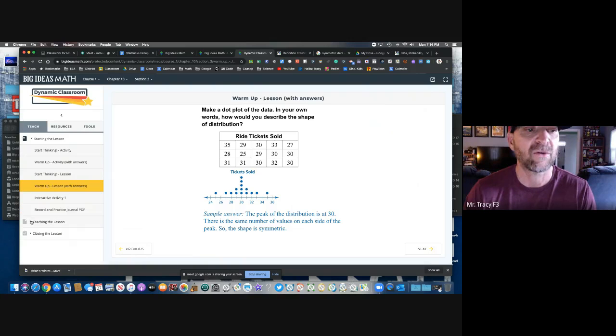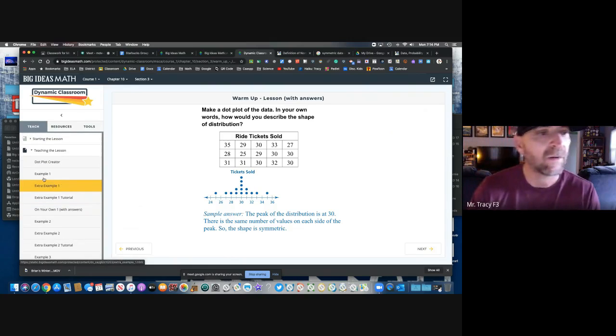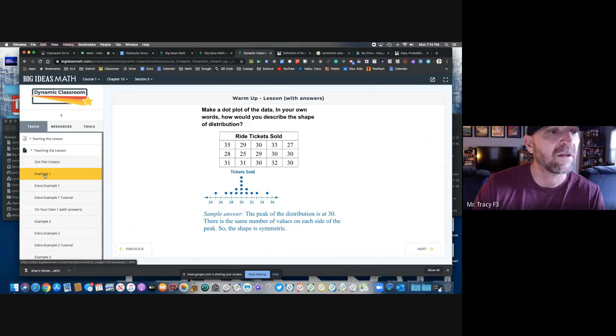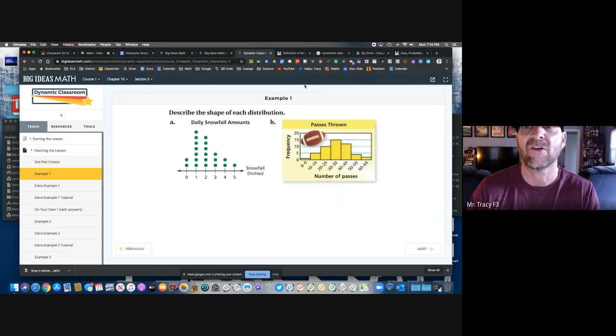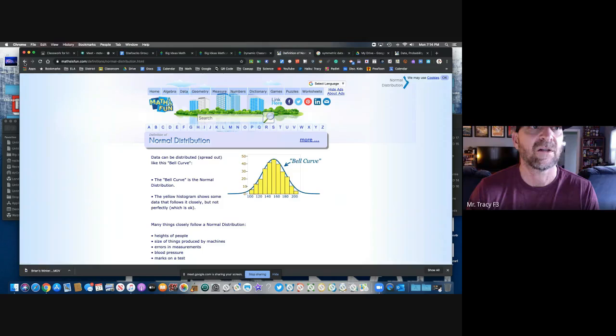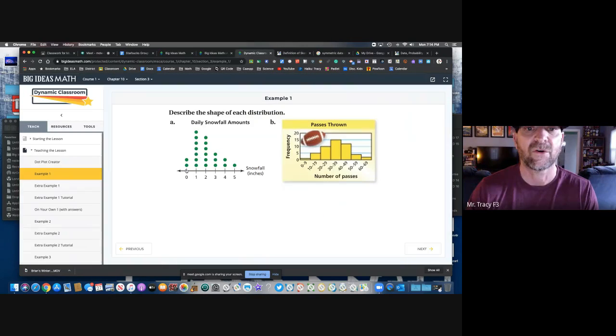Okay, so now we're going to go to example 1. Can you tell from the way this looks, is this going to have a tail? I think it's going to have a tail, kind of like that example I showed you, where it has the tail. So we look at the information.